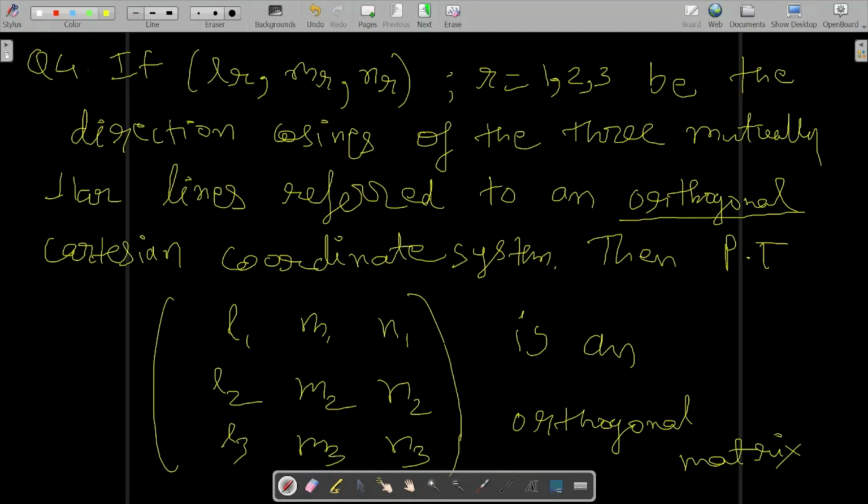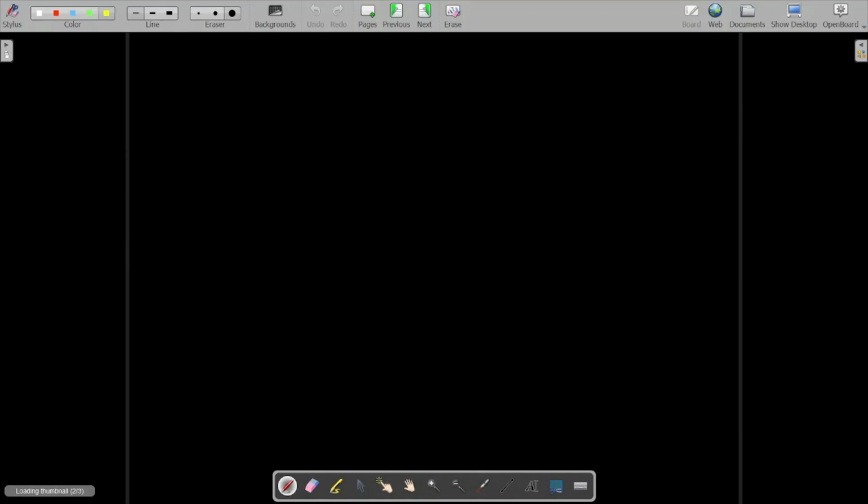So we have to prove that these three mutually perpendicular lines which have L1 M1 N1, L2 M2 N2 and L3 M3 N3 as their direction cosines, then the matrix formed by their direction cosines, a matrix of this kind, is an orthogonal matrix. We have to prove this. So let's start.